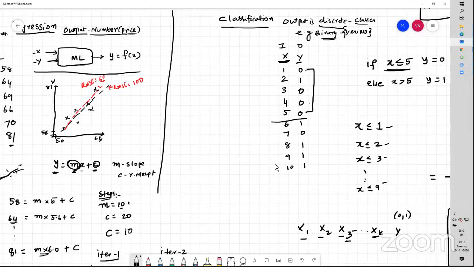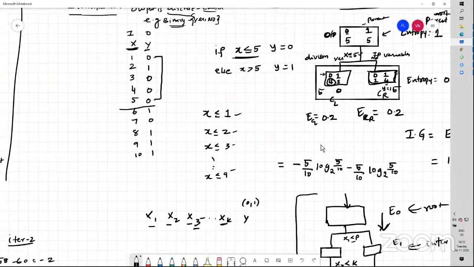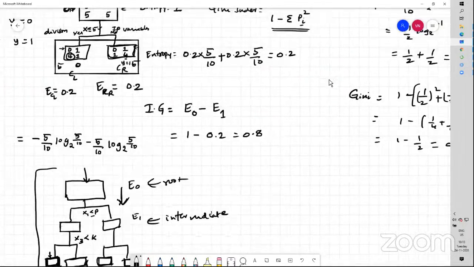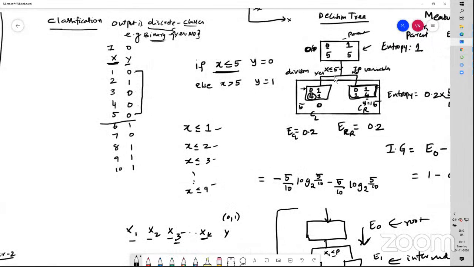And here also, what if there is no separation like this that exists at all in the first place? Like, how did we separate x1 less than or equal to 5? We computed the entropy at the root node and the child nodes, but none of these input variables were able to give that separation, because the relationship between x and y is so complex that linear boundaries like this are not able to separate the classes very well.